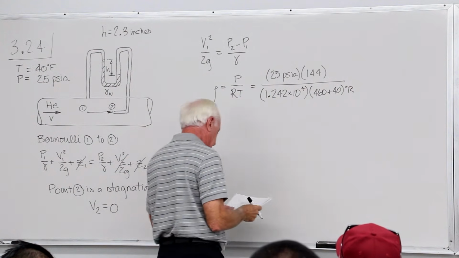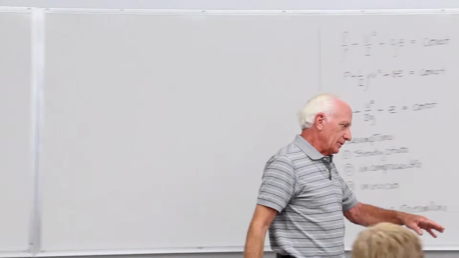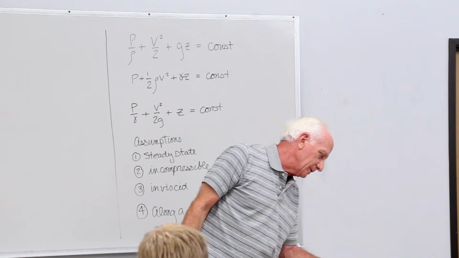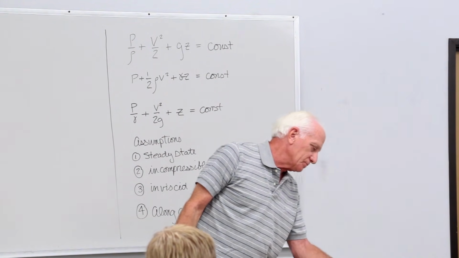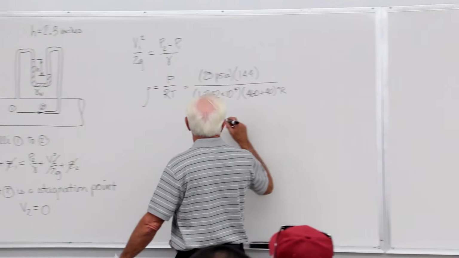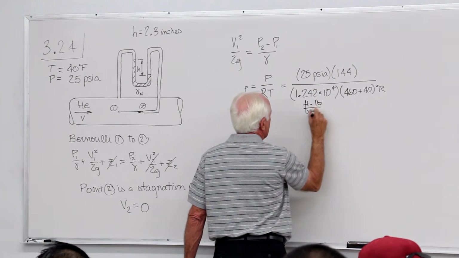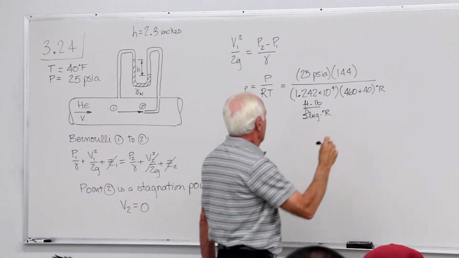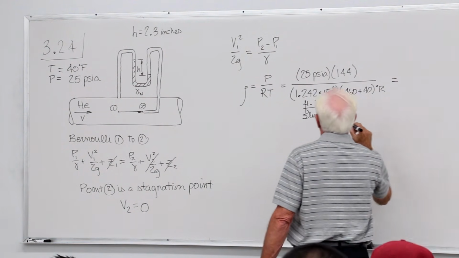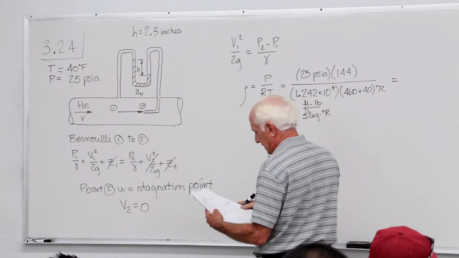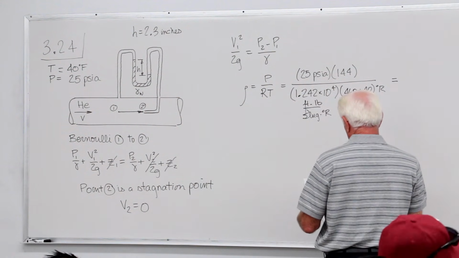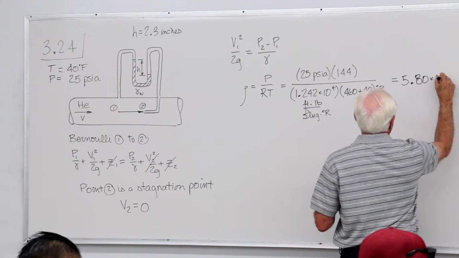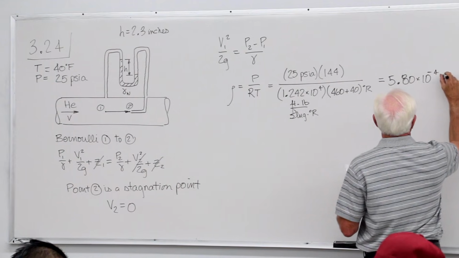The units for helium in the back of the book are feet-pounds per slug-degree Rankine. And when I do that, I end up with density 5.80 times 10 to the minus 4 slugs per cubic foot.